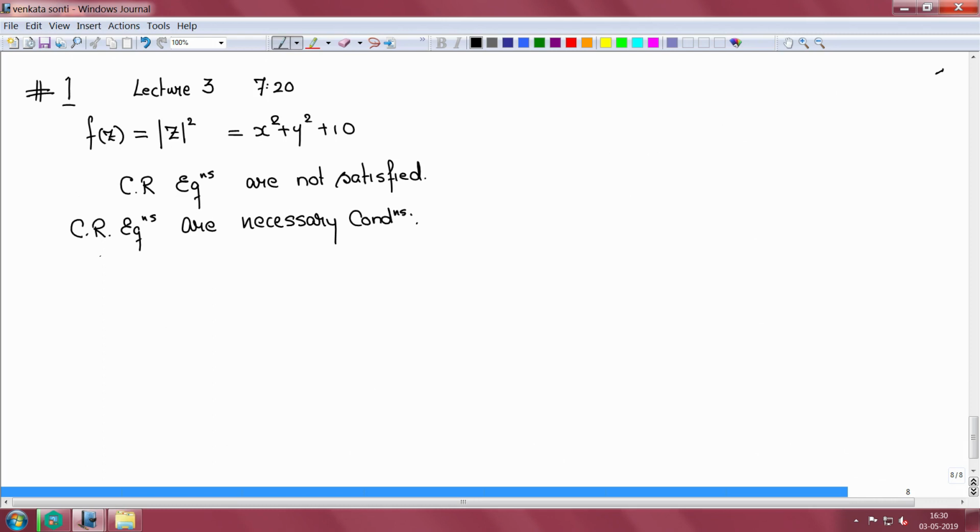And therefore, if a function is analytic, then necessarily CR equations are satisfied. Okay. However, if CR equations are satisfied, we cannot say anything about the analyticity.